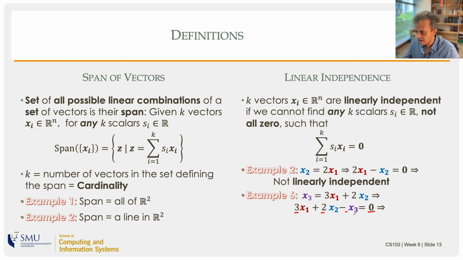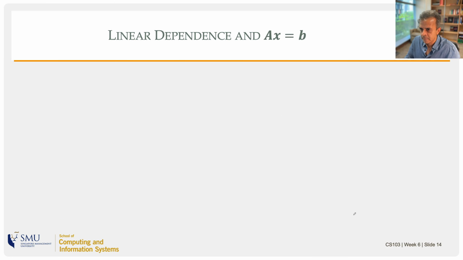So these three vectors were linearly dependent. They are not linearly independent. So this is the test for linear independence, and you will use this in your exams and tests and quizzes and stuff. Now let's take one more look at this linear dependence and try to cast it in the same form as our equation Ax equal to b.